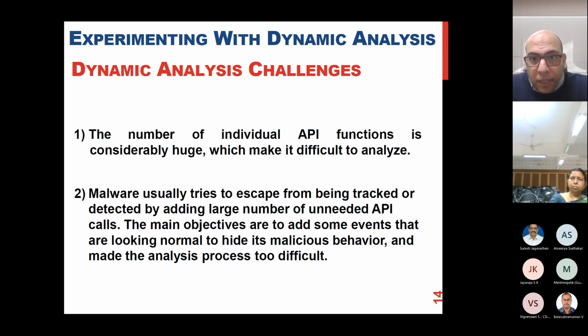So it's hard to analyze. And another challenge is that malware usually tries to escape from being tracked or detected by adding a large number of unneeded API calls. The main objective is to add some events which look normal to hide its malicious behavior and make the analysis process more difficult.